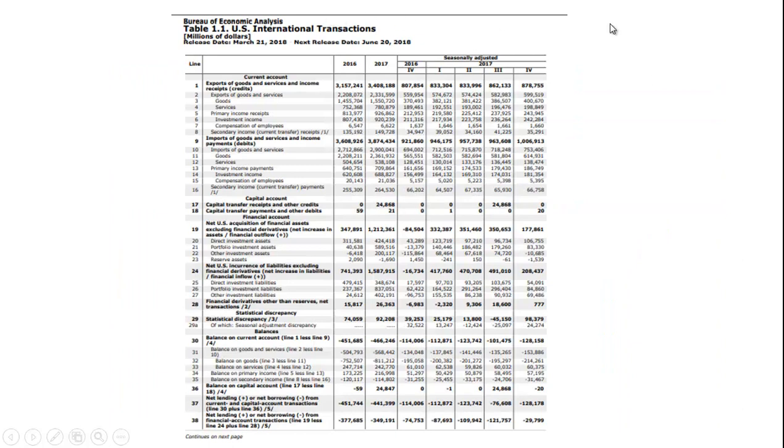Now, you can find this data online. I went to the Department of Commerce. They have a Bureau of Economic Analysis, and they have this table here. You can't see it too well. I will show you a portion of this, but there's the current account, there's the capital account, and there's also the financial account, and then they work out some balances.